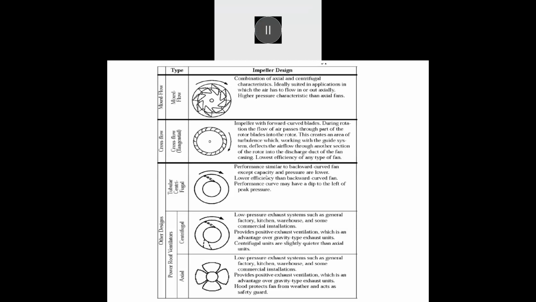Okay, performance similar to backward curve fan except capacity and pressure are lower, with lower efficiency than a backward curve fan. The performance curve may have a dip to the left of the peak pressure. As already mentioned, this one is good in performance with high pressure. So this one is good to consider in the hatchback design.